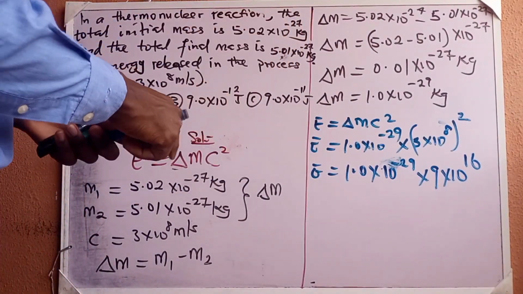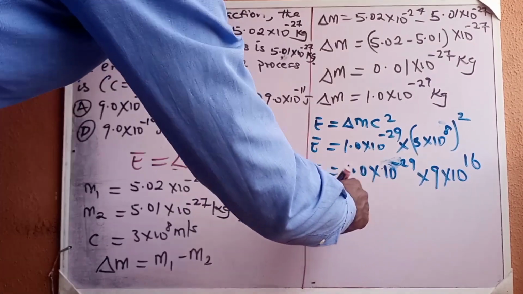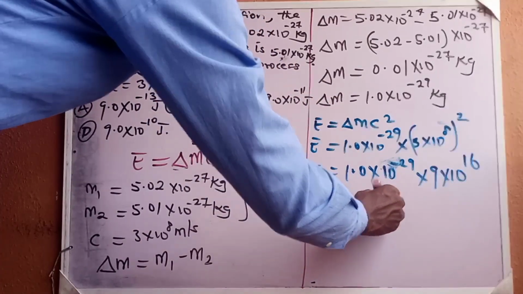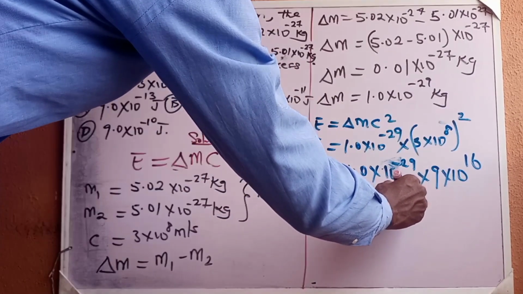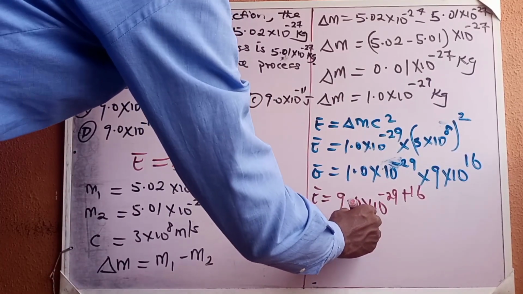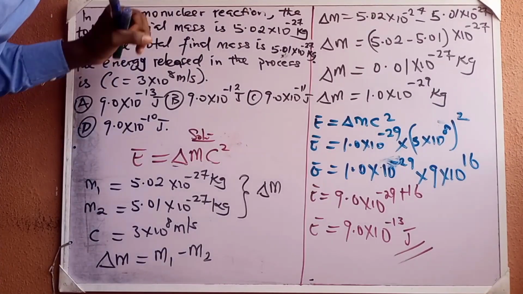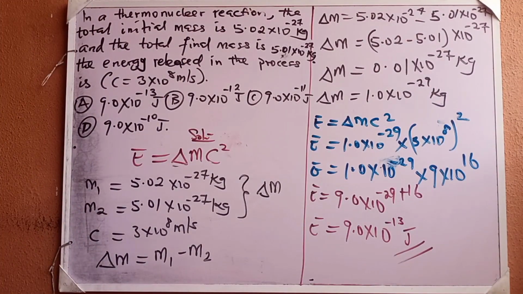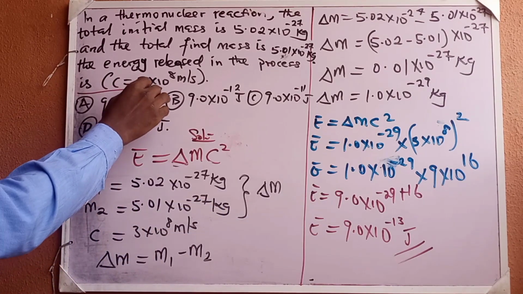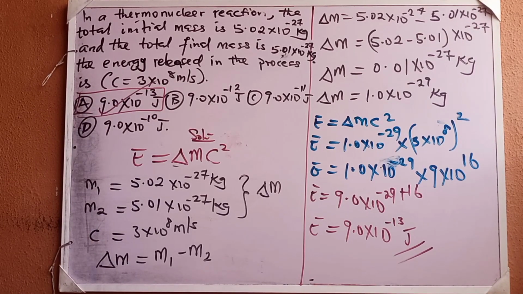That will give us 1 times 9 gives us 9, so that's 9.0 times 10 to the negative 29, then plus 16 by indices. So the energy will be 9.0 times 10 raised to the power negative 13 joules. So this is the energy that is released in this process, and that corresponds to option A in this question. So that is the answer to this.